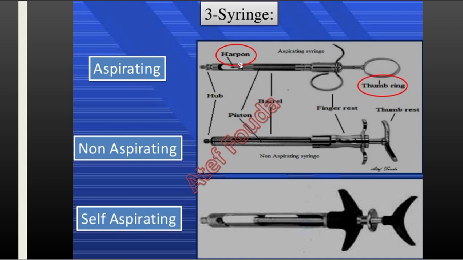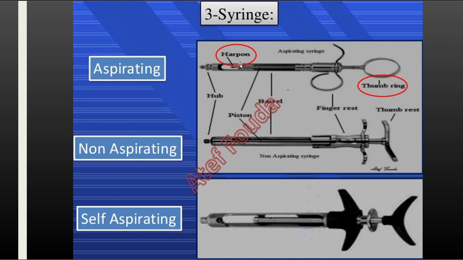Now, when we want to give anesthesia, we push the thumb ring. When we want to aspirate, we push it backward. We find if there is blood, this means that we are in a vessel. This can raise the blood pressure. This can cause arrhythmias. So we can change the position that we're giving in.